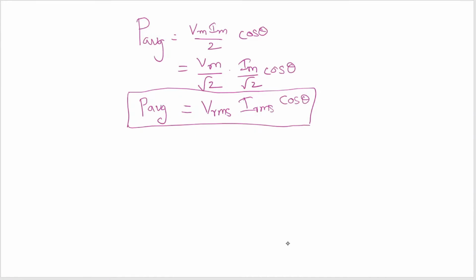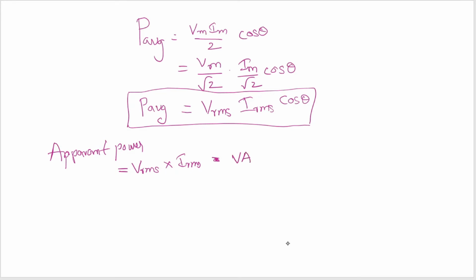Now we are defining apparent power. Apparent power is VRMS into IRMS. What is the unit of voltage? Volts. What is the unit of current? Amperes.